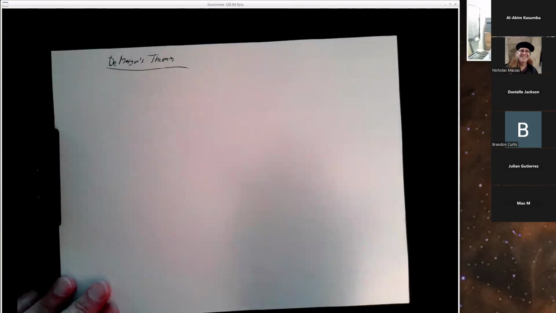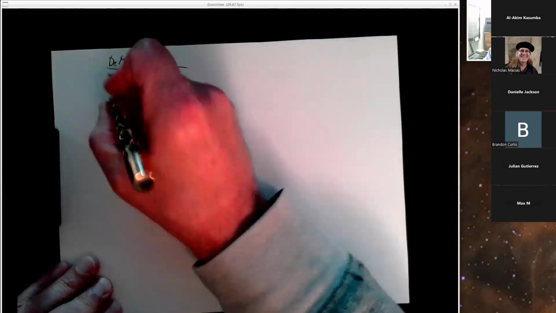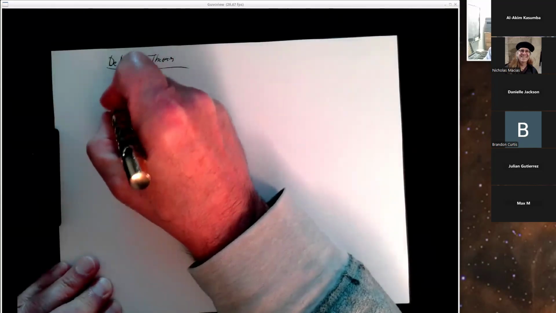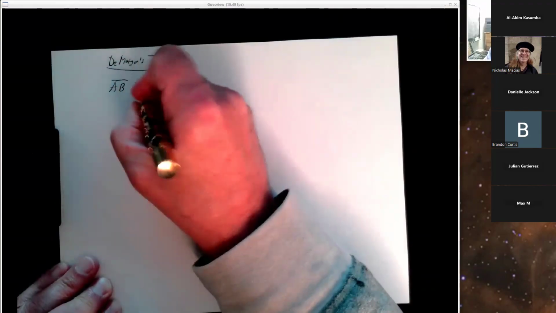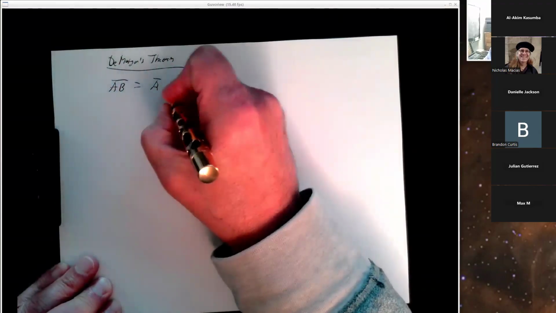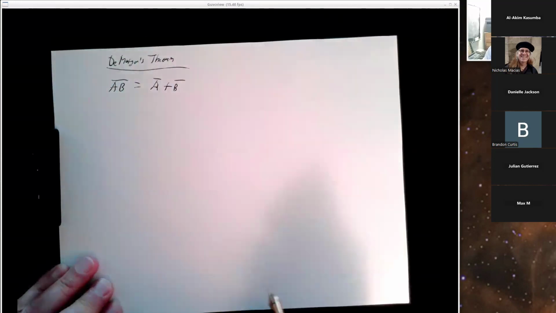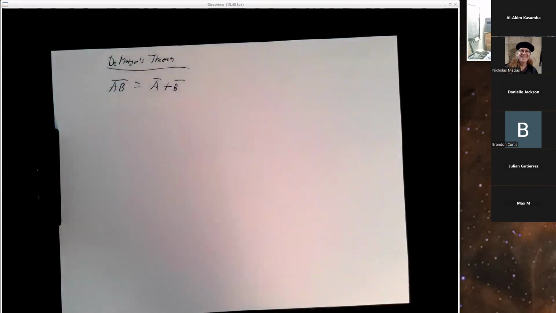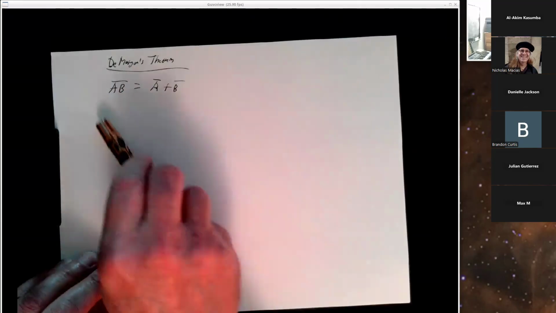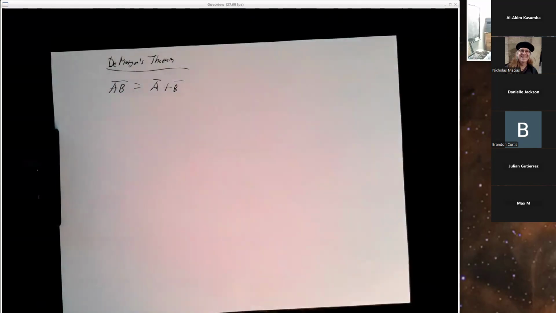Let's just pick a version of this from 250, which is (AB) bar equals A bar or B bar. So just good old logic. The NAND is equal to the OR of the complements.